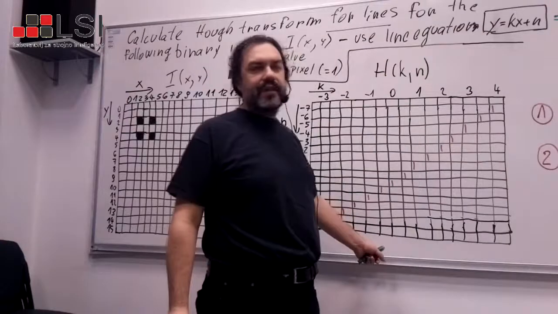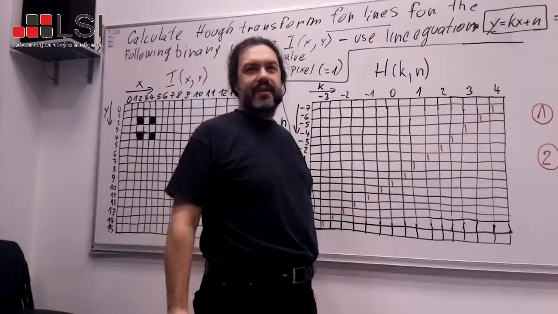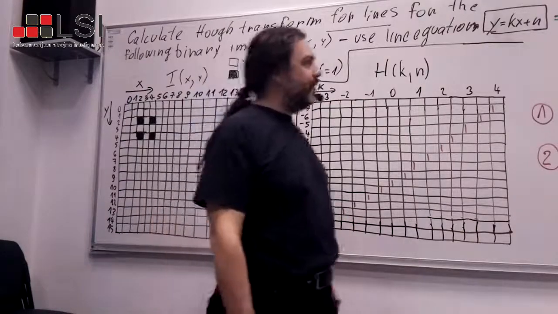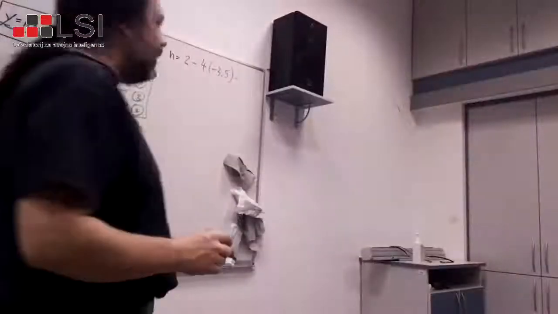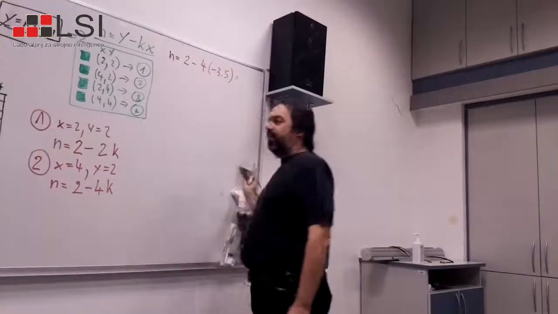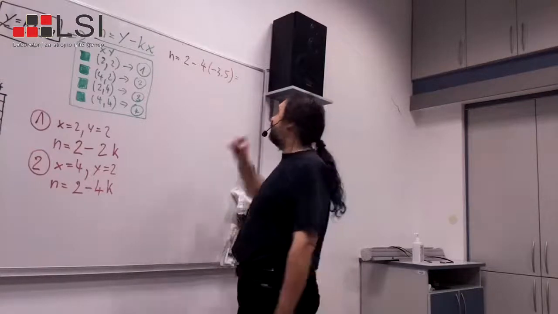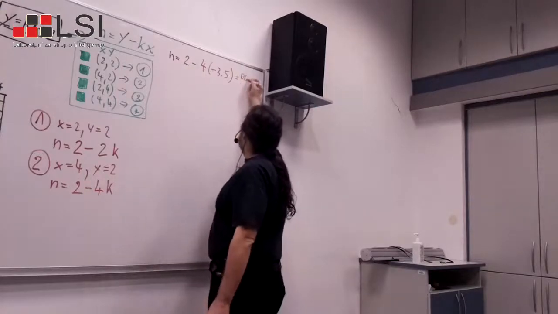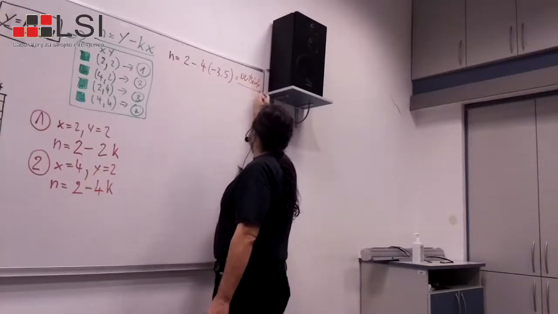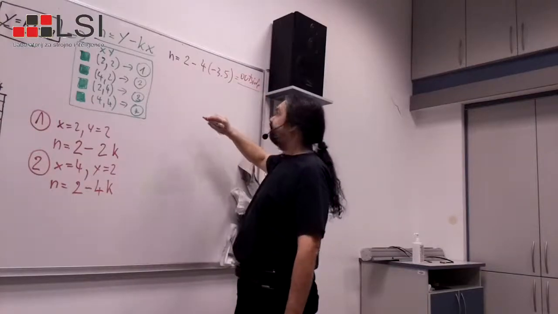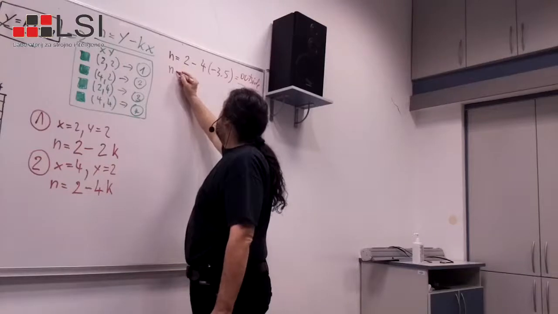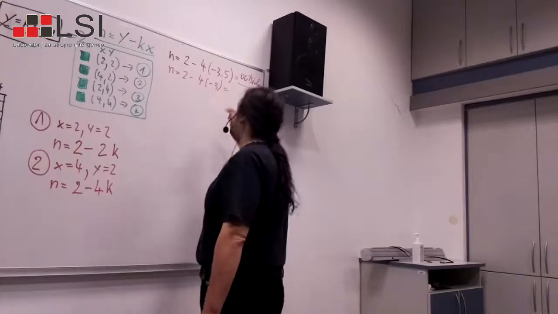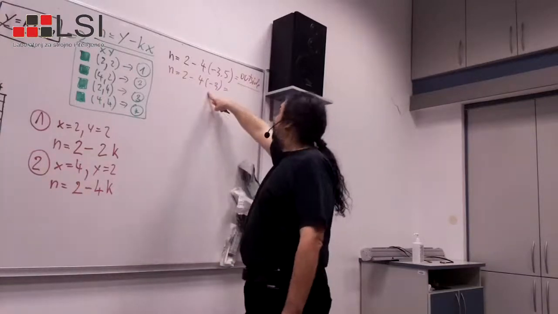And this 16 is way out of the accumulator, yeah? You see? So if we get n of 16, we don't have anywhere to put it. And we can imagine when we'll even get inside the accumulator. So outside, yeah, outside. And for n is 2 minus 4 times minus 3, it will still be outside.